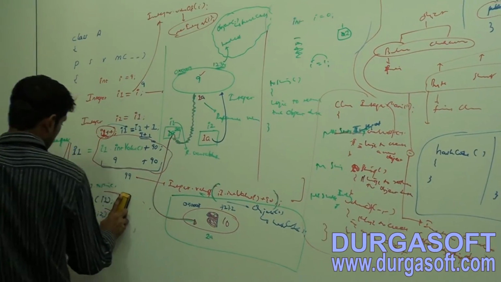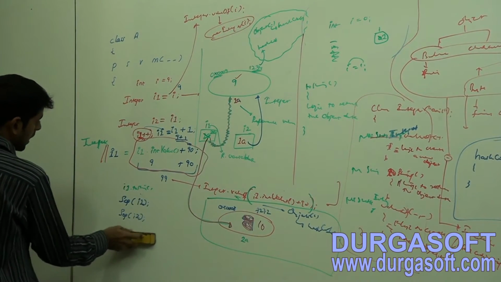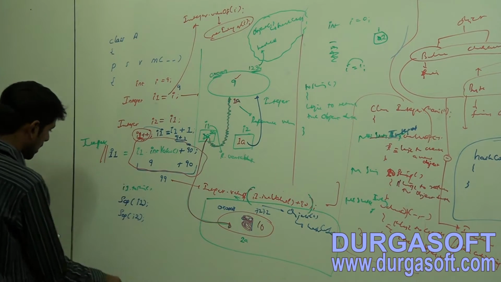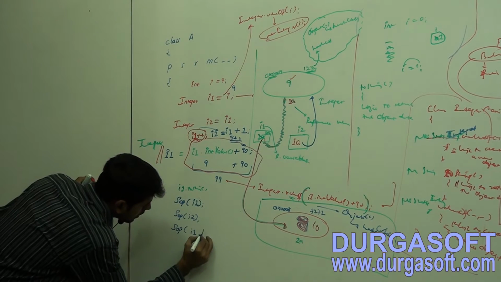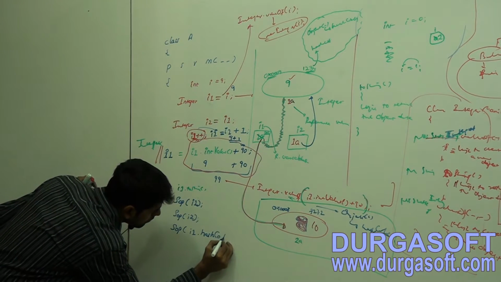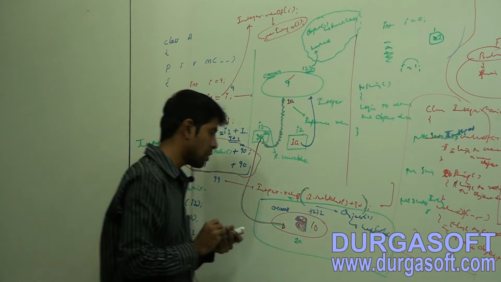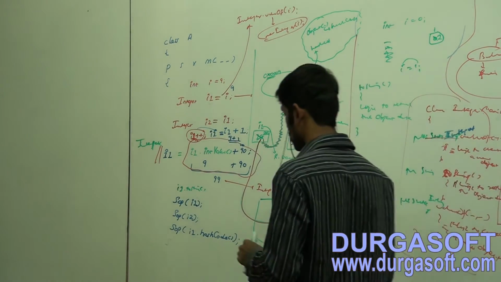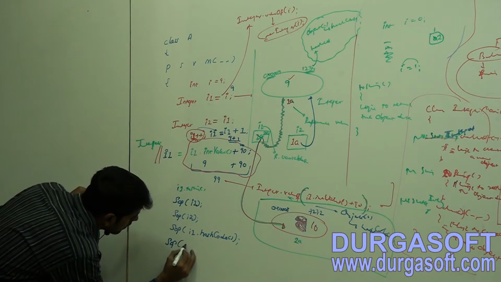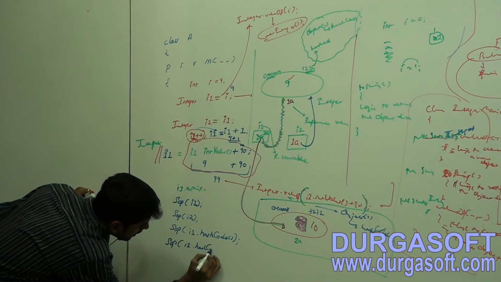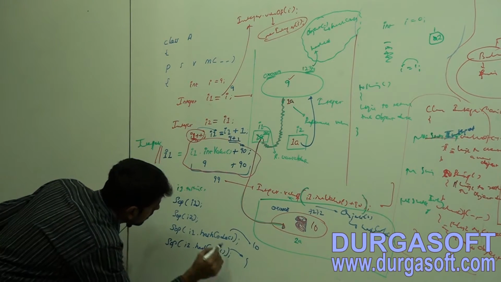If I print the hash codes of I1 and I2, SOP of I1.hashCode, SOP of I2.hashCode, what will be the output? 10 comma 9.